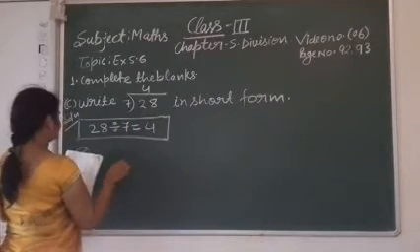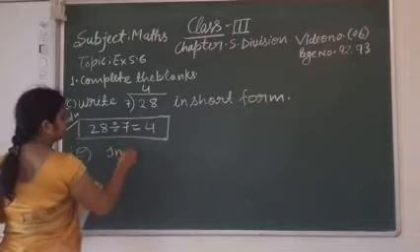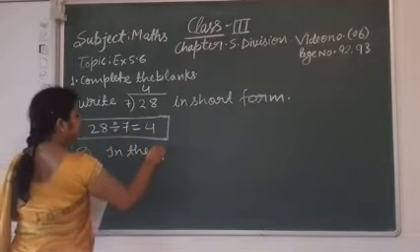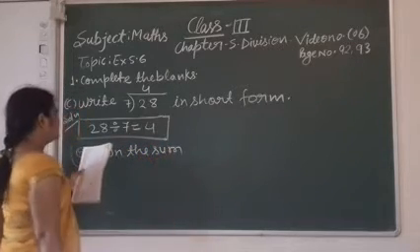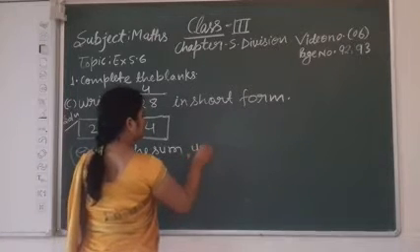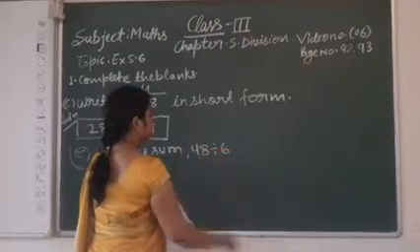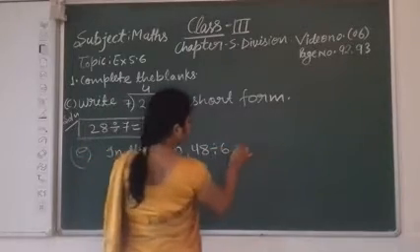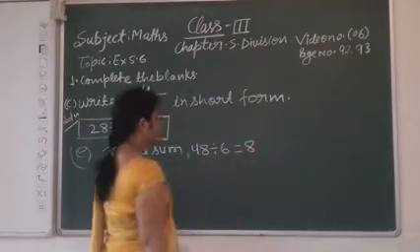In the sum, 48 divided by 6 is equal to 8.